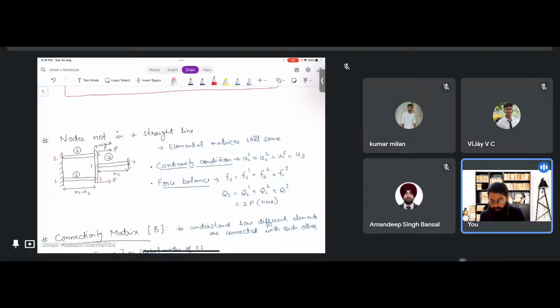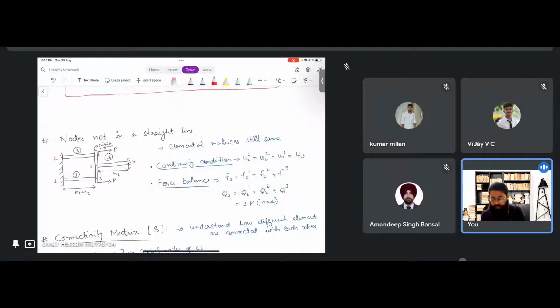So we have this system of three bars which are connected with a rigid plate. Rigid plate means there won't be any deformation here. So this whole plate should stay in one place, and whatever the deformation of one point is would be followed by all the other points of this plate.